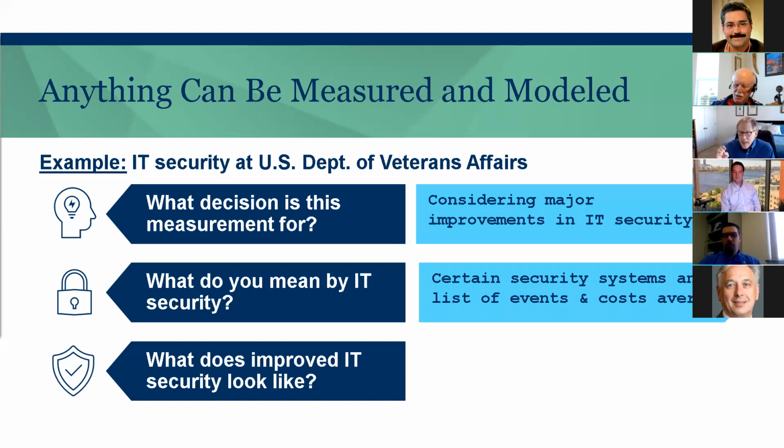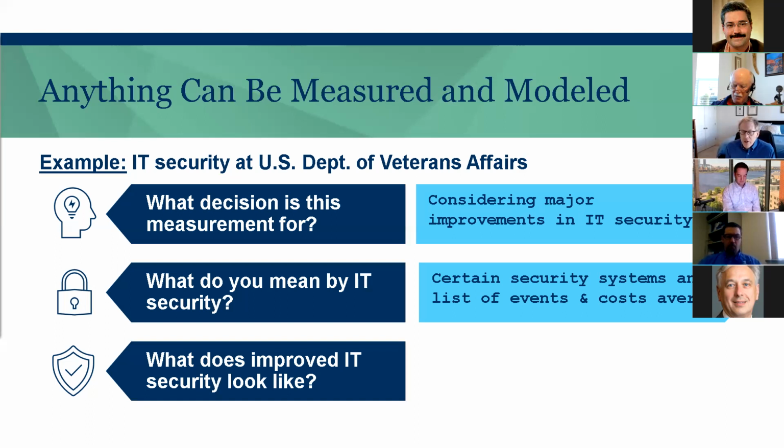They came up with a list of potential events related to IT security, whether it were cyber attacks or even physical access, even weather-related incidents that could cause a problem. And then the costs averted. So they made a specific list of costs that they were trying to avert related to those events.